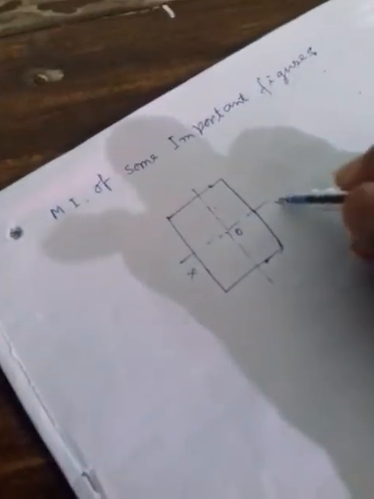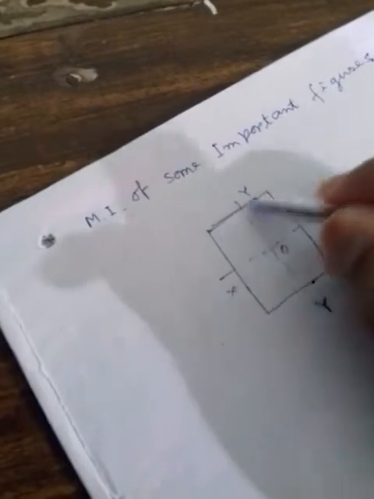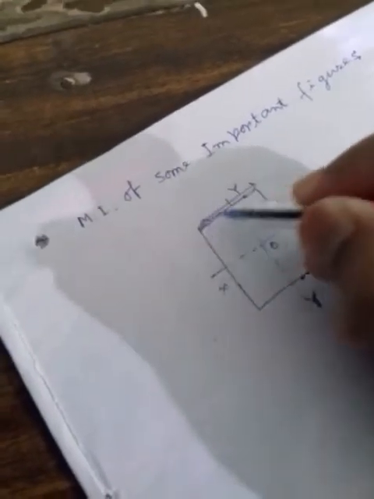In the second note I have corrected the mistakes. Today I am discussing the mistake also. This is the y axis, and this is the length b.